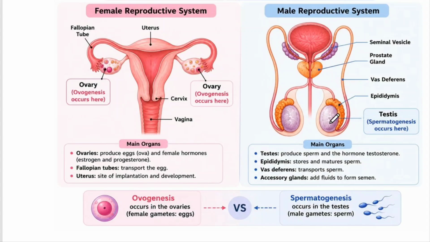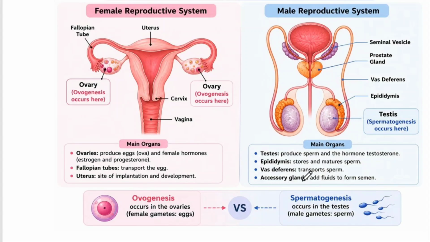Inside the testes, the process called spermatogenesis takes place. This is the process of producing mature sperm cells. So the testes produce sperm and the hormone testosterone. The epididymis stores and matures sperm. The vas deferens transports sperm.